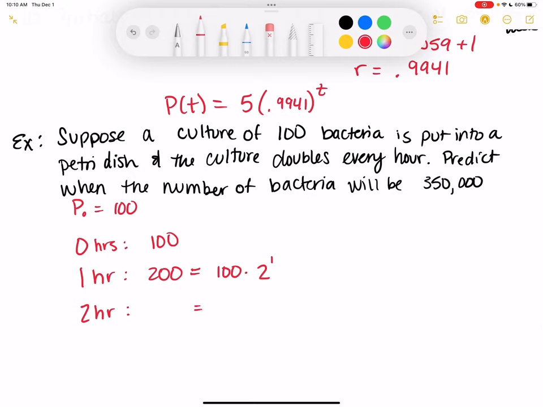Or we can set it up first and then you can figure out what it's equal to. So you have 100 times 2 raised to the 2, which is 400. So if I wanted to generalize this at t hours, what would my formula be?